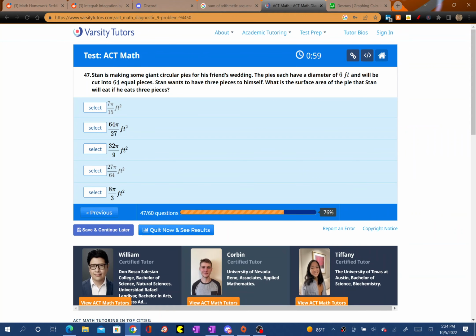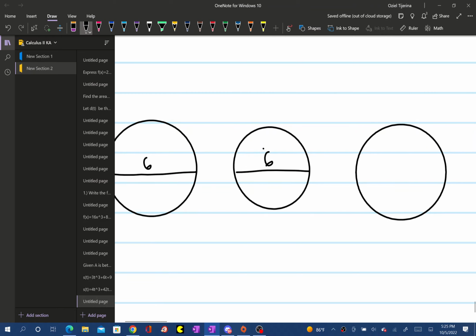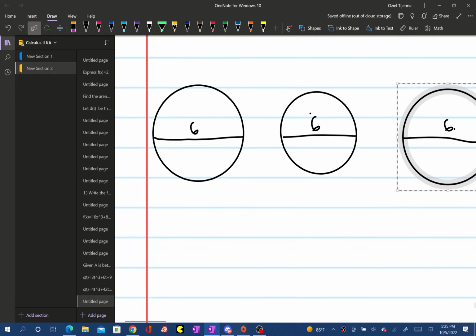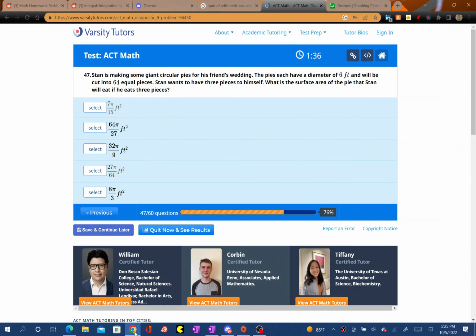Each pie has a diameter of 6. So, in all of these, the diameter is 6. And they're cut into 64 equal pieces. Okay, let's see. And he wants to have 3 pieces to himself.